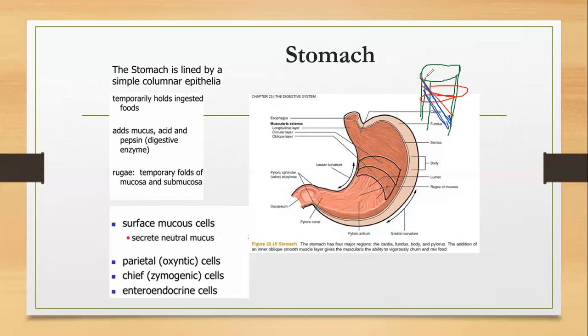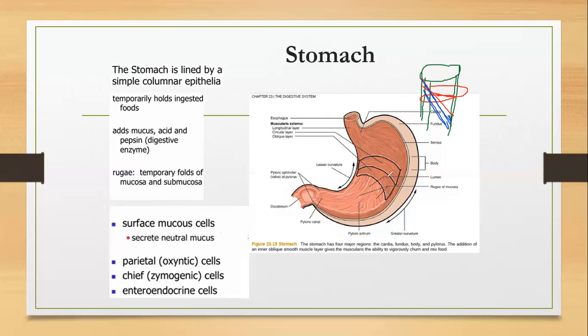So as the longitudinal muscles are contracting, they will shorten the size of the stomach. As the circular muscles are contracting, they will push the contents of the stomach to the bottom.